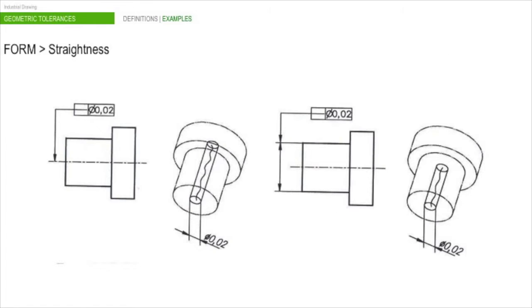In this example, we can see how in the first case the arrow is pointing at the axis, so both parts are affected by the tolerance. In the second case, the arrow is pointing at the extension of the dimension line, which means that the tolerance only affects the left side part.